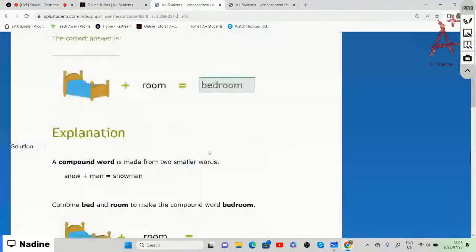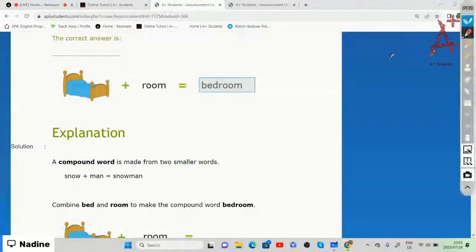All right, so before we go to the pictures, a compound word. A compound word is made from two small words. It can stand on its own, but once you add those two words together, it makes another word. You combine the two and then you recreate another word.